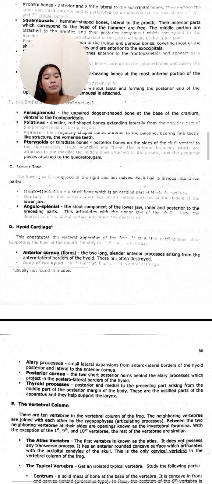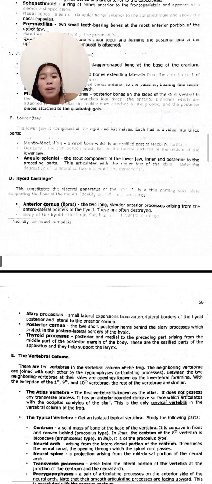So the lower jaw protects our brain, and the maxillary teeth of its upper jaw hold onto prey. The three parts of the lower jaw are mentomeckelian, dentary, and angulosplenial.